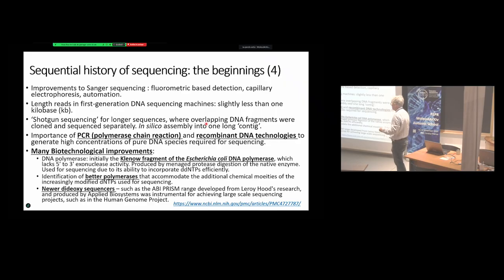Among them, for instance, the Klenow fragment of the DNA polymerase played a big role because it was very efficient to work with dideoxy dNTP. And so its creation after managed protease digestion was very useful for the progress of the field. And so the identification of better polymerases or the creation of new types of dideoxy sequencers was characteristic of that time.